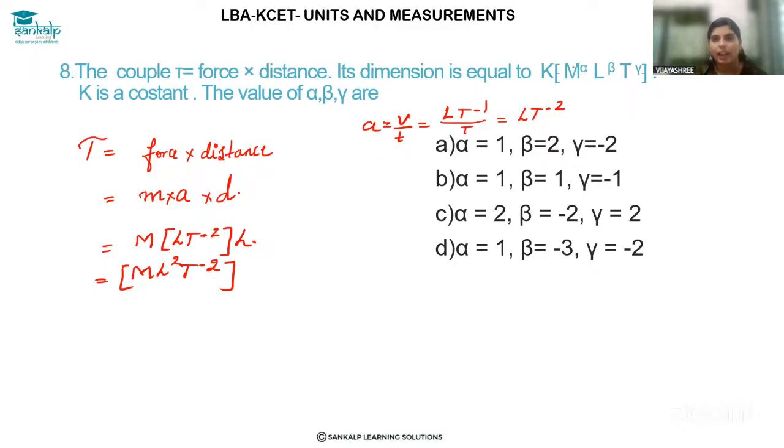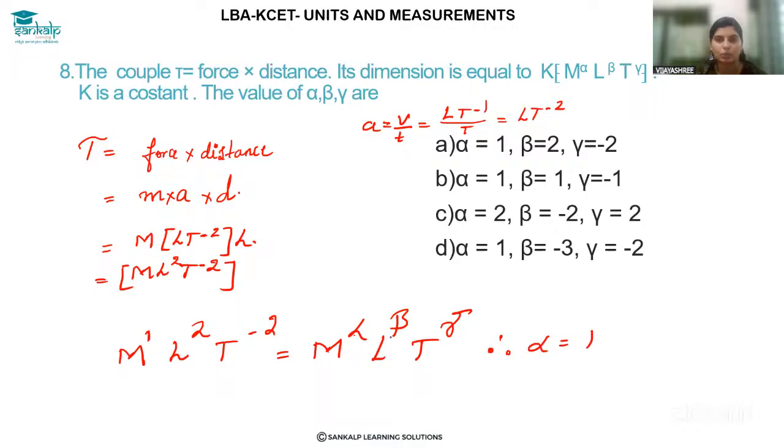Here, look, M L square T raised to minus 2 is equal to M raised to alpha, L raised to beta, and T raised to gamma, right? Here alpha is 1, therefore alpha equal to 1. Beta is 2, so beta equal to 2.